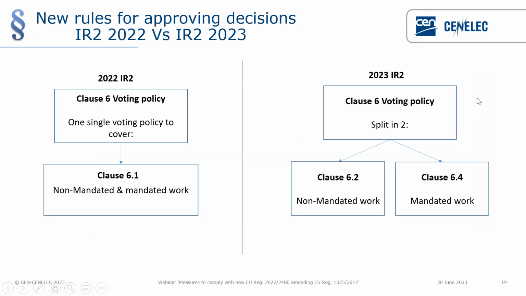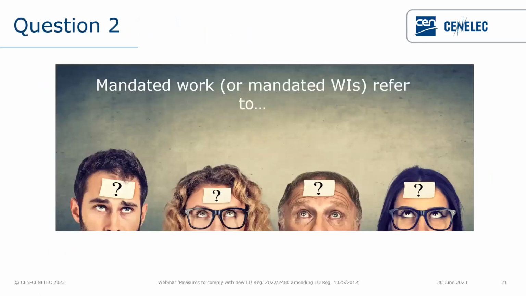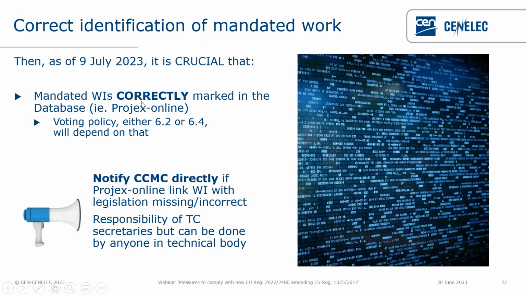If I was clear on how we manage the change in our Internal Regulation Part 2 by splitting the voting policy in two, a specific clause for non-mandated work, which is not linked to standard requests or valid mandates, and 6.4 for work that is connected to standard requests and valid mandates, then you understand that it is very important that the information on whether a specific work item is mandated is correctly marked in our database.